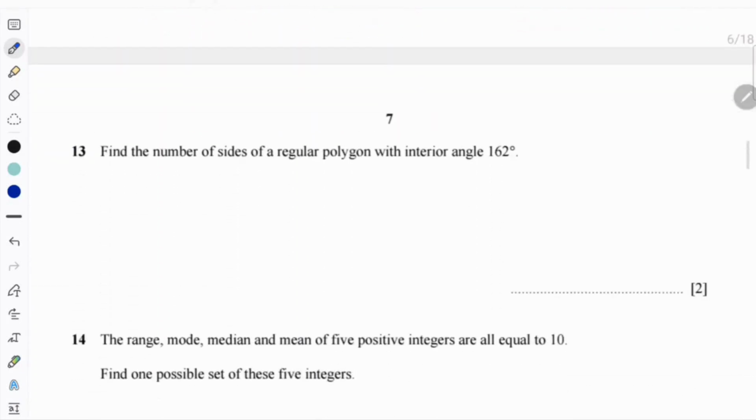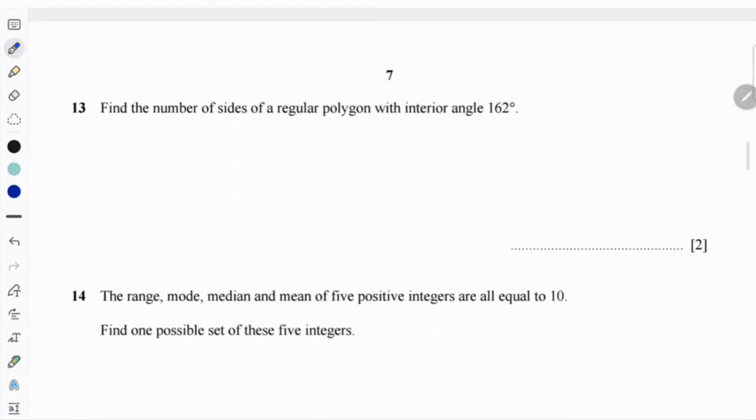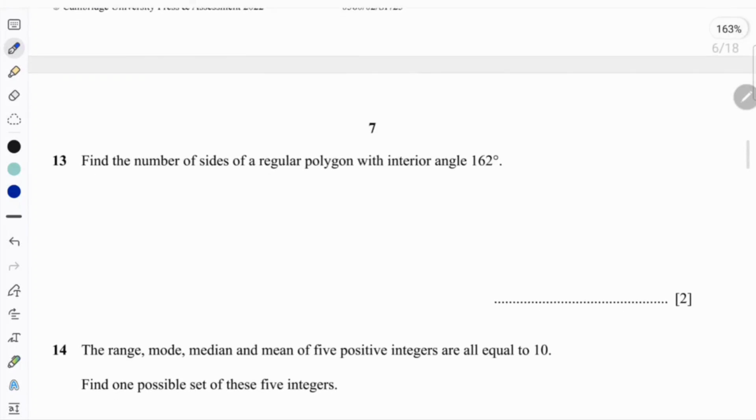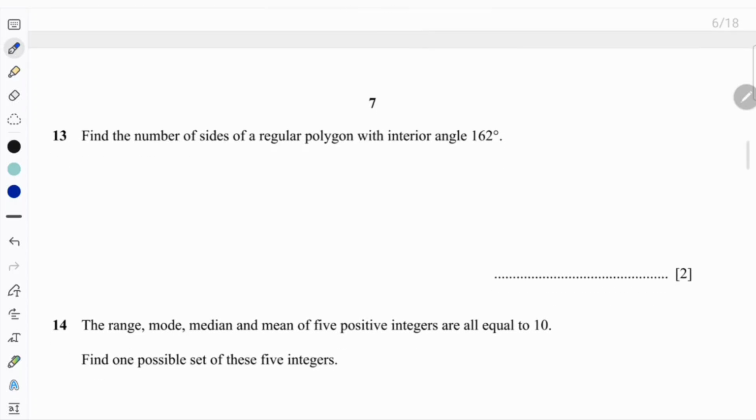The next question, question number 13: find the number of sides of a regular polygon whose interior angle is 160 degrees. We can find it with the exterior or interior angle, both ways. If we are finding the exterior, then it is 180 minus 160, and then the number of sides will be 360 over the exterior angle. But here we can also find it with the interior angle. The sum of interior angles is (n minus 2) into 180 degrees.